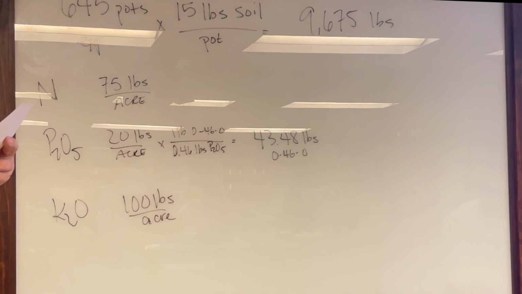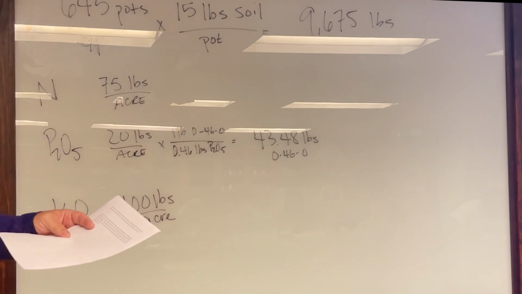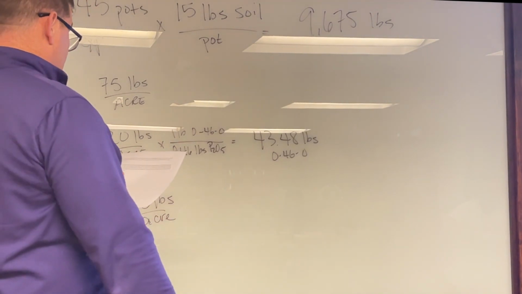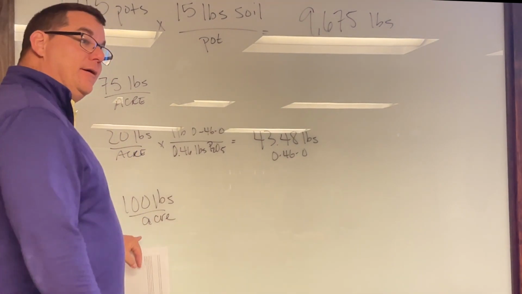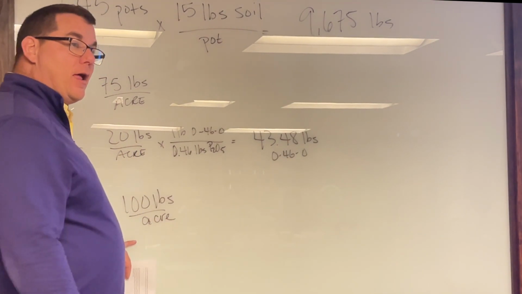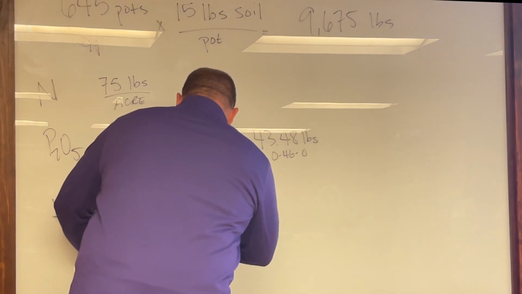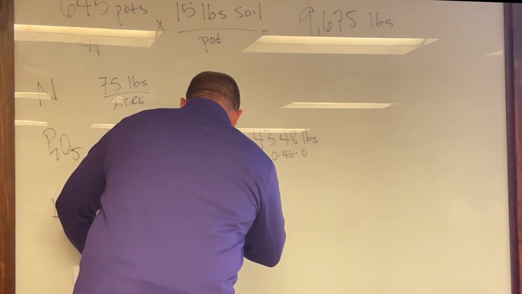You wanna do the K2O as well? Okay. And so what are we gonna do here? 100 divided by 0.5 is 2. Okay. And 1 pound.